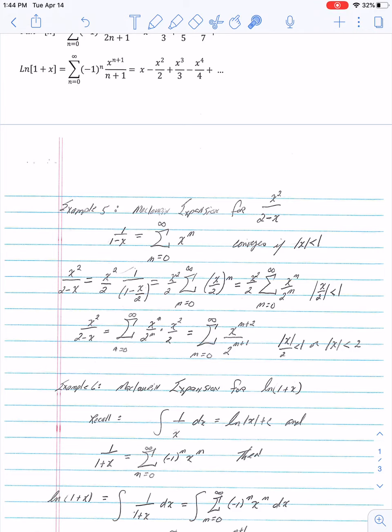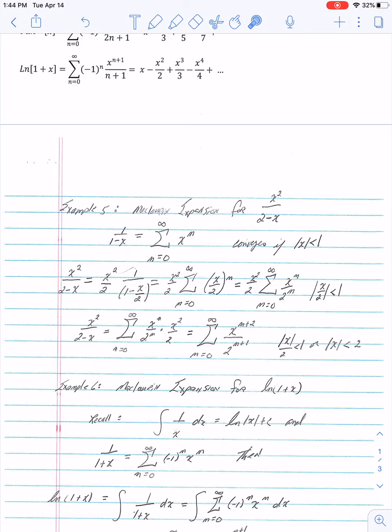All right, now what do I do? Well, now I just pass this inside. There it is. And I use my rules of exponents again. x to the n times x squared is x to the n plus 2, and 2 to the n times 2 is 2 to the n plus 1. So there is the function I was interested in, and there is its Maclaurin expansion.